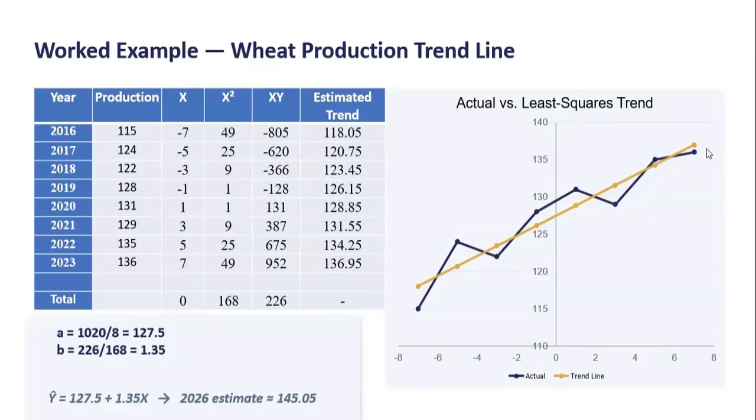If I push this line forward to 2026, we get an estimated production of 145.05, a solid upward trend. Try to calculate the 2025 estimate yourself using this formula. Drop your answer in the comments. I will pin the correct one.